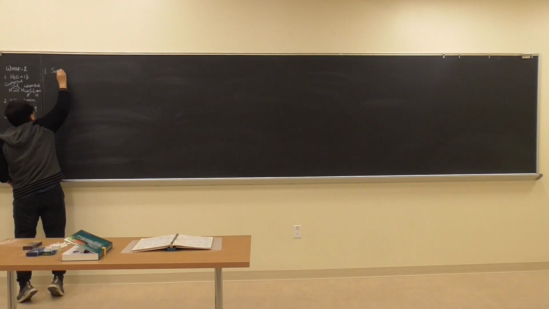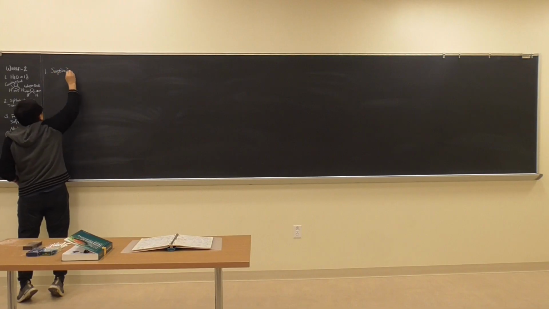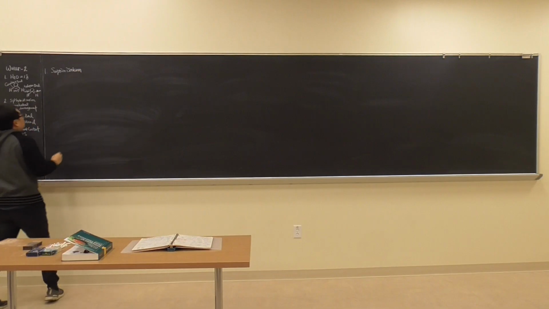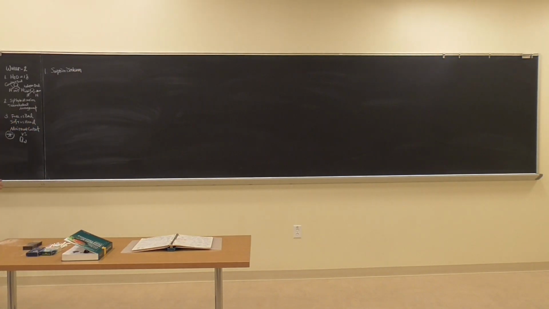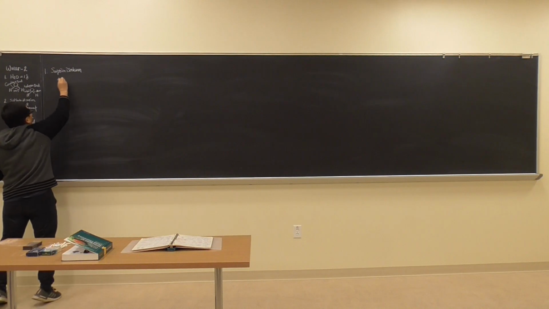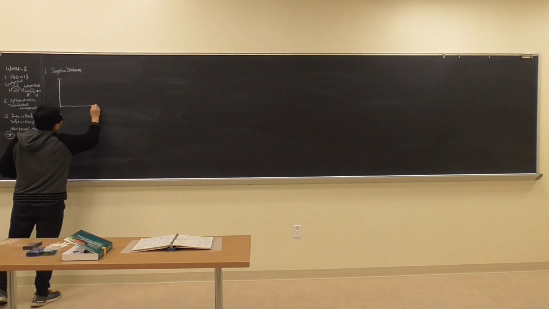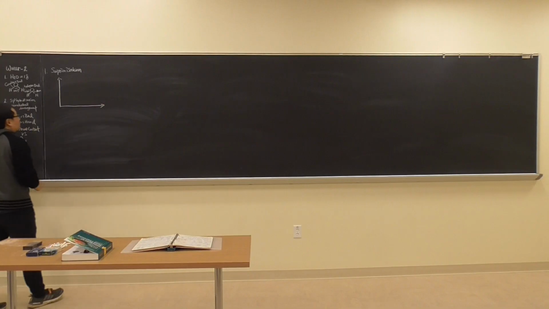So the topic is the sorption isotherm. How do they get it? We mentioned some at the end of the last class, but we're going to start from the beginning. So what is a sorption isotherm? We draw a very typical figure.